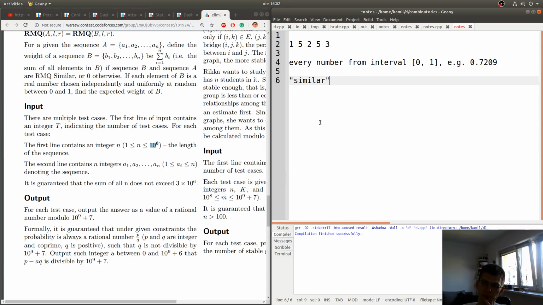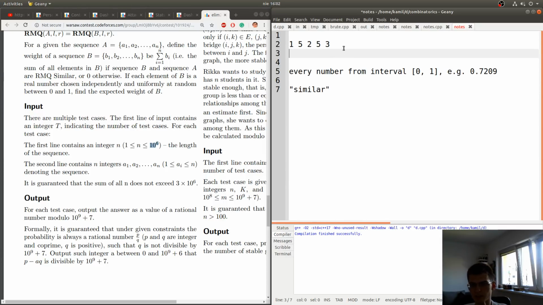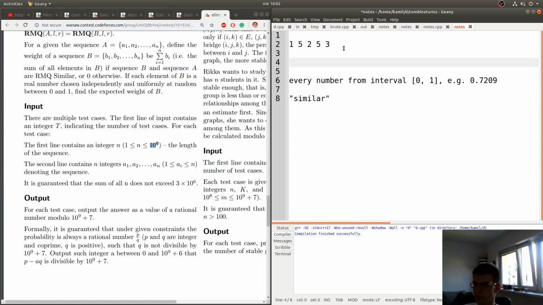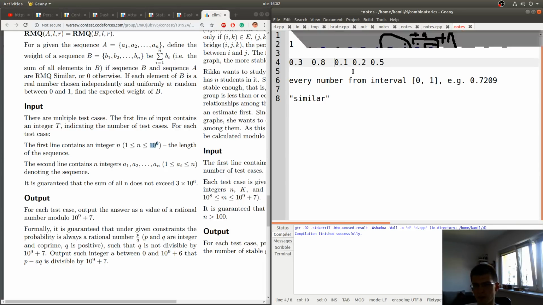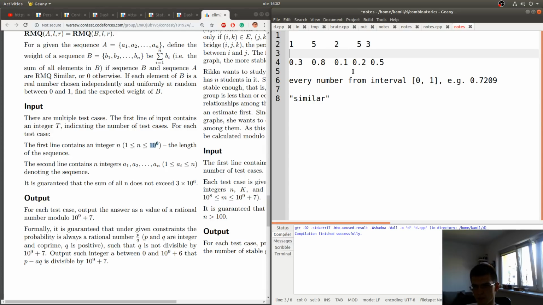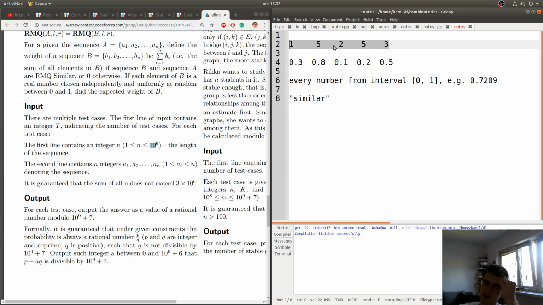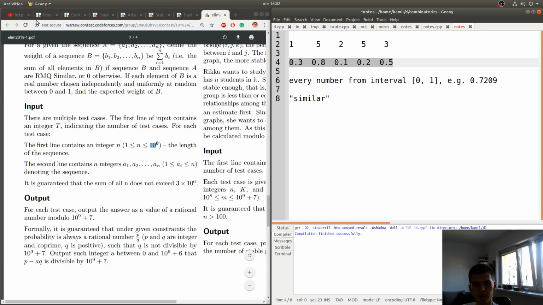It means the following: when we write the new sequence here, so it has the same size, let's move numbers so every number would be below the same index. Okay. So we have the sequence in the input 1, 5, 2, 5, 3, and let's see what it means that a new sequence would be similar.